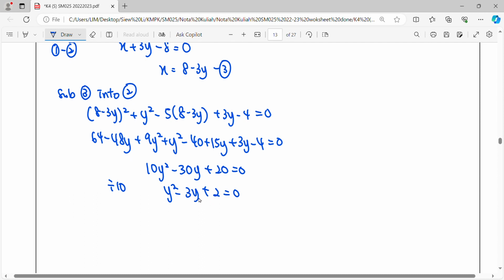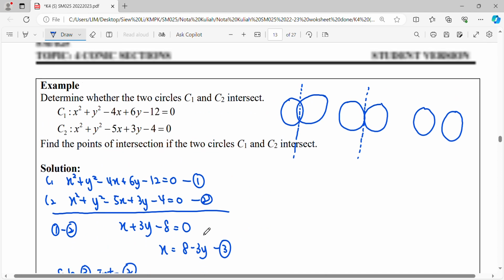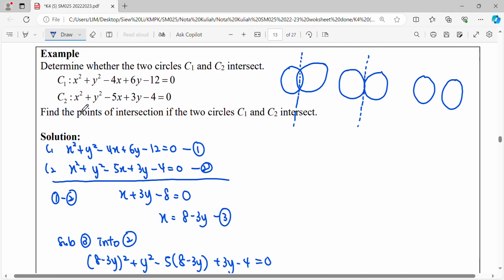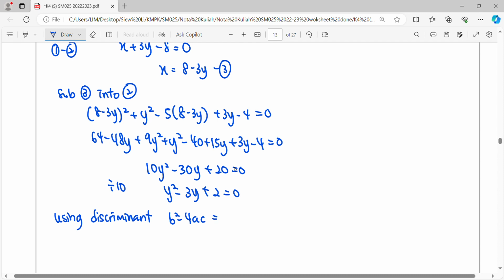So to determine whether the circles intersect or not, it depends on the solution of this quadratic. Therefore, we are going to use the discriminant of the quadratic, which is b squared minus 4ac, to identify the type of roots in this quadratic, so that we can answer the first question, whether these two circles intersect or not. So when we take b as negative 3 squared minus 4, a is 1, c is 2, we notice that we have 1. So b squared minus 4ac is greater than 0.